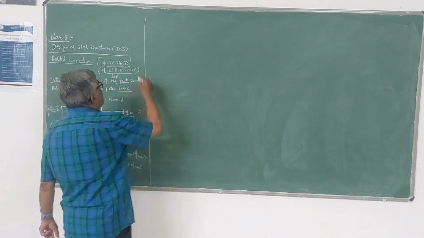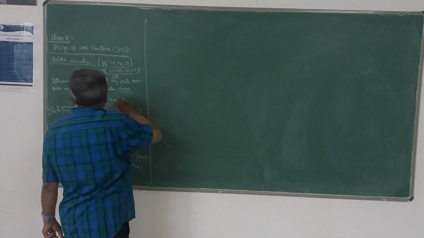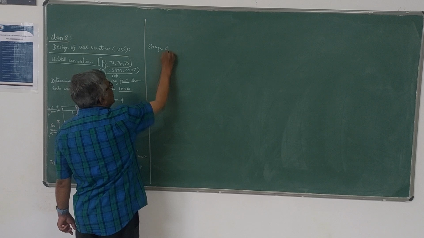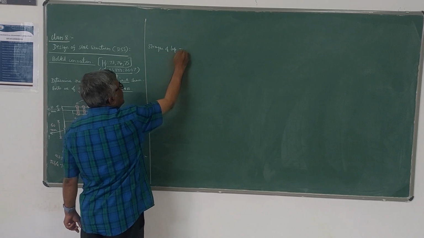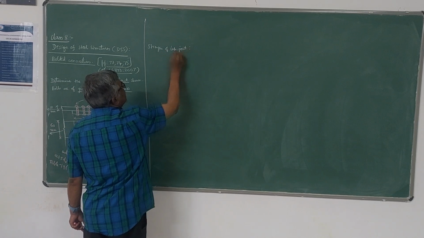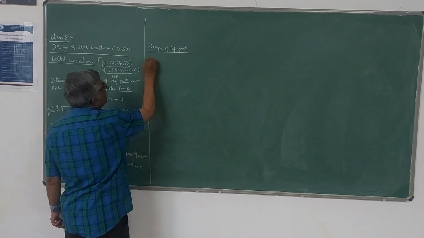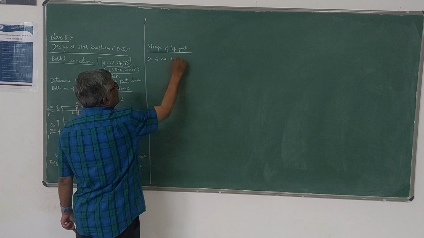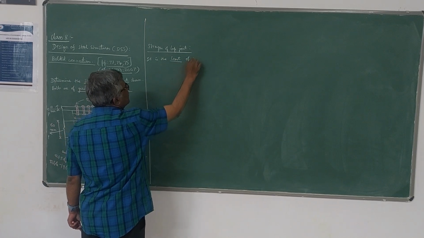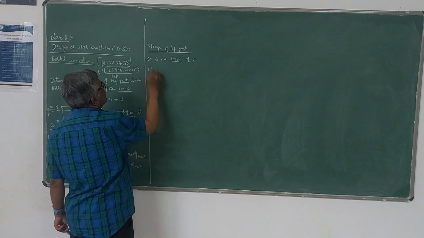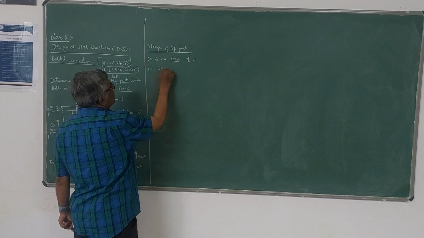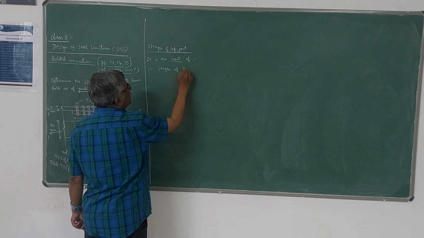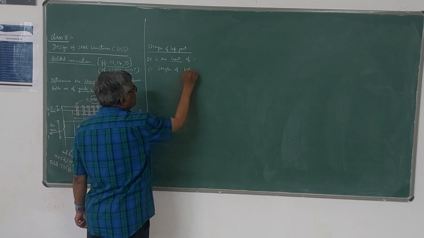So here, the strength of a lap joint is calculated like this. The strength of the lap joint is the least of three criteria. Number one, the strength of the total number of bolts.